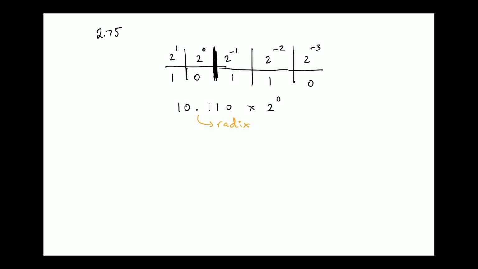Okay, so I'll write it as, how can I rewrite this? How about 1.10 times 2 to the what? 1. Okay, how did you know it needed to be 2 to the first? I mean, other than just using your head.